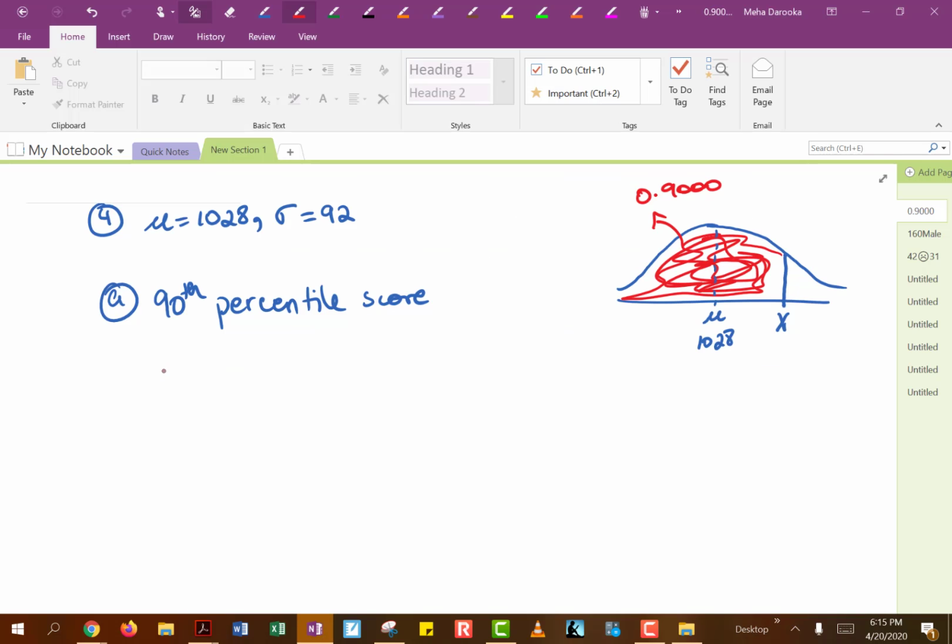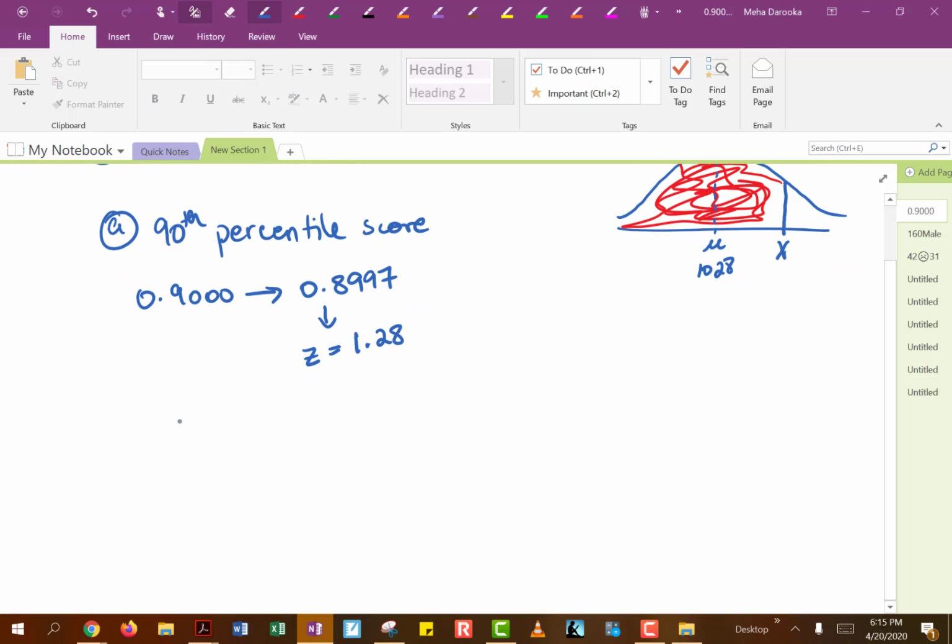Okay, so 0.9000 is actually going to be closer to 0.8997. So that means our z-score is going to be 1.28. Now, of course, we are trying to find what is the data value that corresponds to this z-score of 1.28.